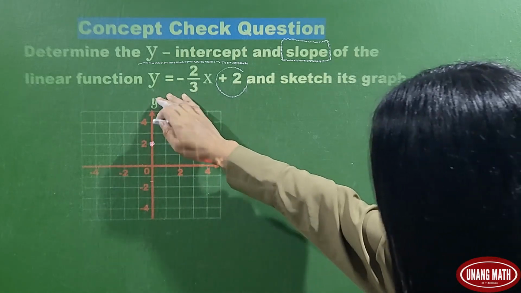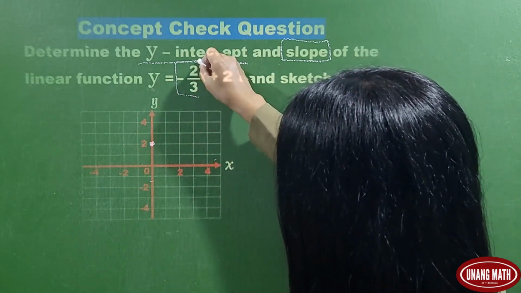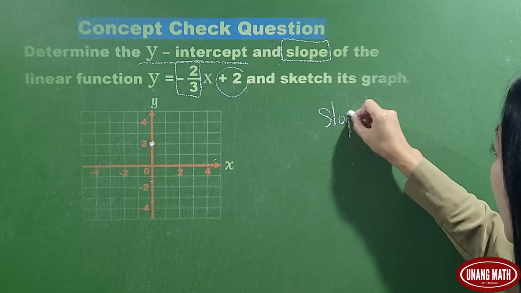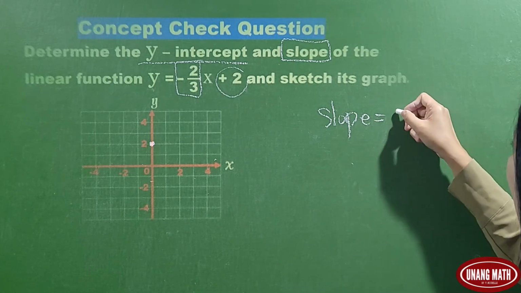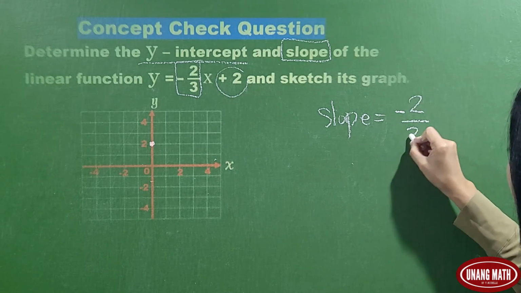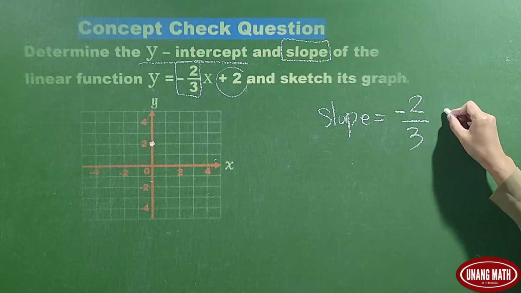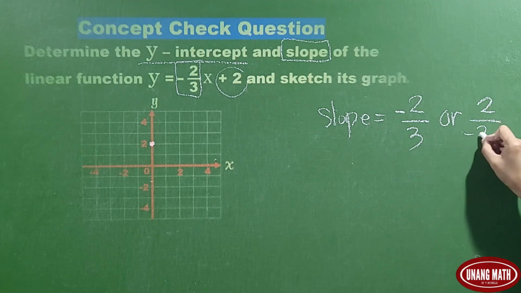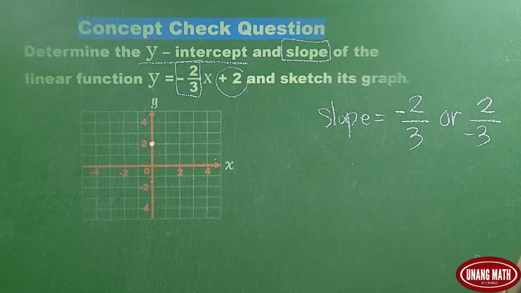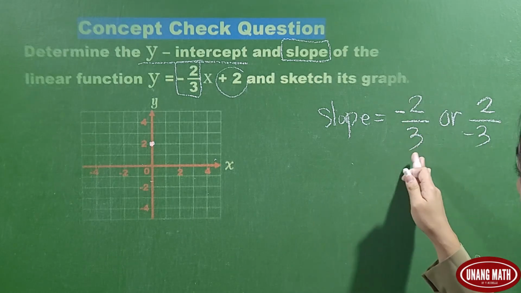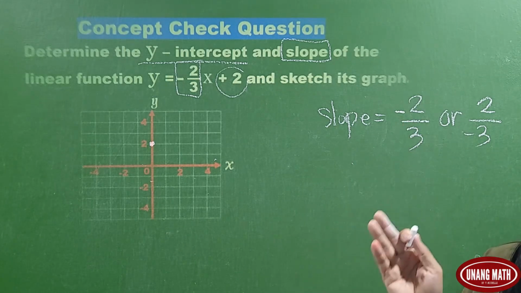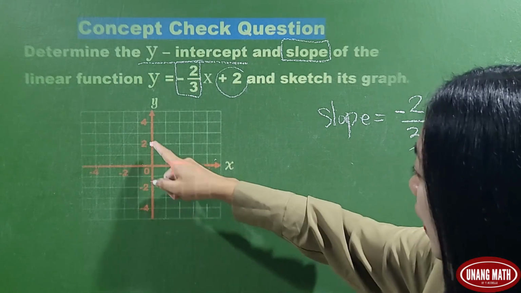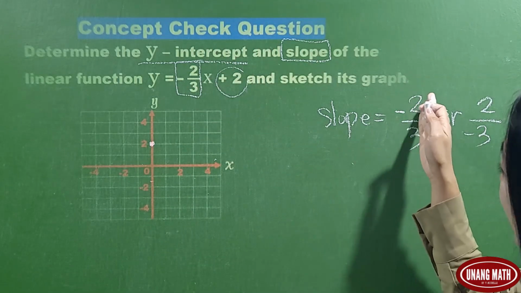The slope in this function is negative 2 over 3. Let's write here: slope is negative 2 over 3, or this is just the same as 2 over negative 3. Now we will be using this slope to find another point. Change in y is negative 2.